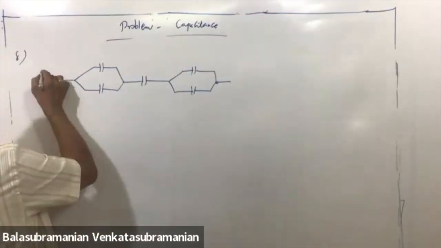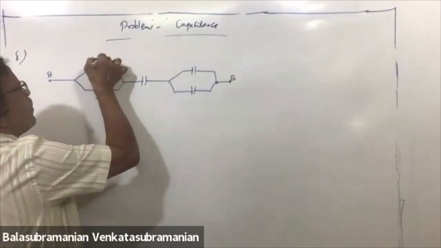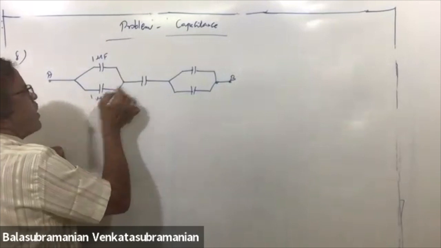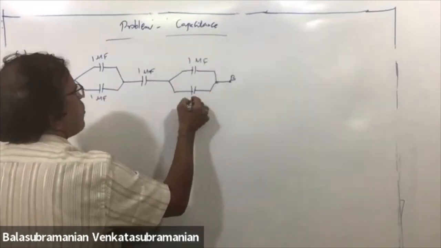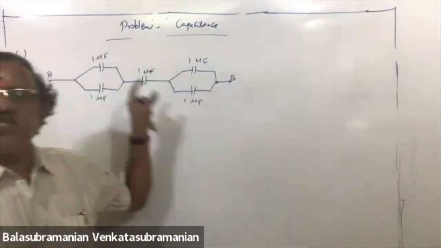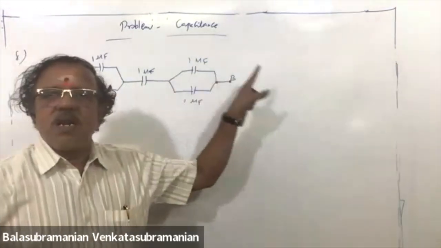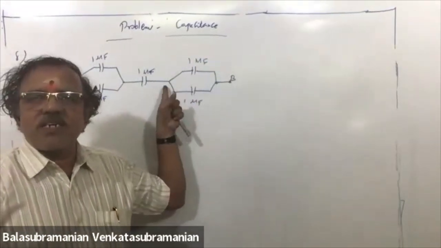Between A and B, 1 microfarad, 1 microfarad, 1 microfarad, 1 microfarad, 1 microfarad. 5 capacitors are given. First two connected in parallel, last two connected in parallel. With these two, 1 microfarad is connected in series.